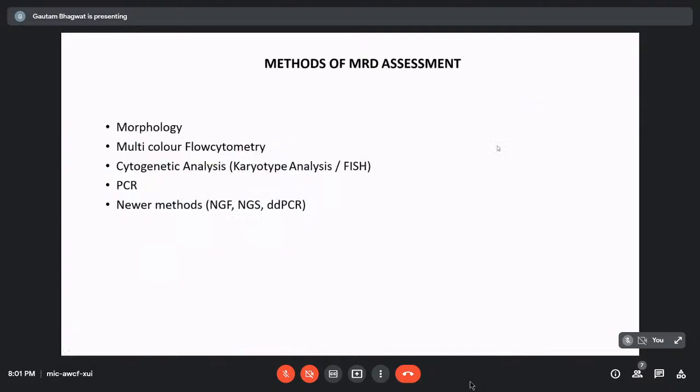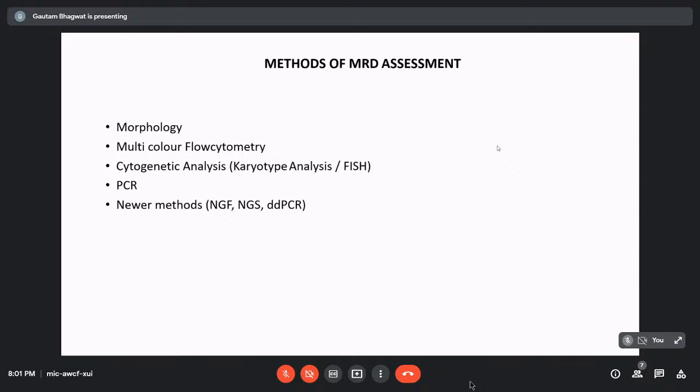So what are the methods of MRD assessment? Morphology, multicolor flow cytometry, cytogenetics, PCRs, and newer methods such as next generation flow cytometry, next generation sequencing, or ddPCRs. Now I would stick to multicolor flow cytometry, and the disease in which we use it most is B-ALL, and now it has been a part of treatment to look for MRD at post-induction and post-consolidation.